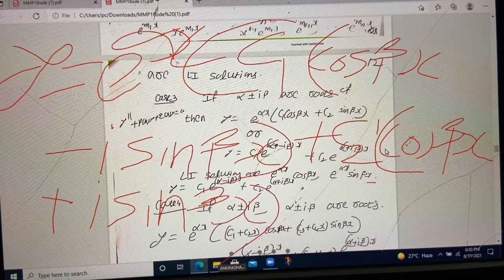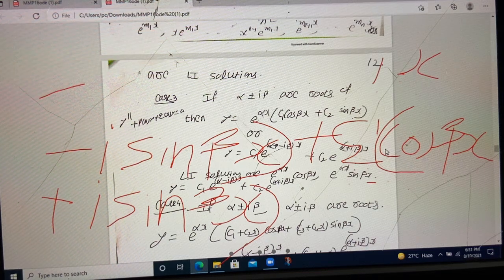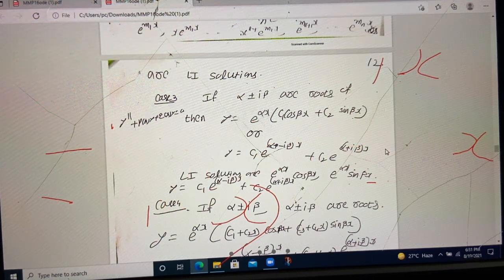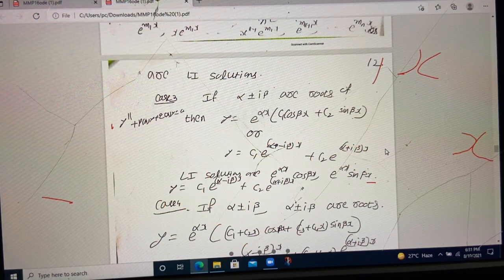Take common: C1 cos beta x comes common, you will get C1 plus C2 e power alpha x cos beta x. That means you can club them together and write it as e power alpha x, C1 plus C2, into cos beta x.